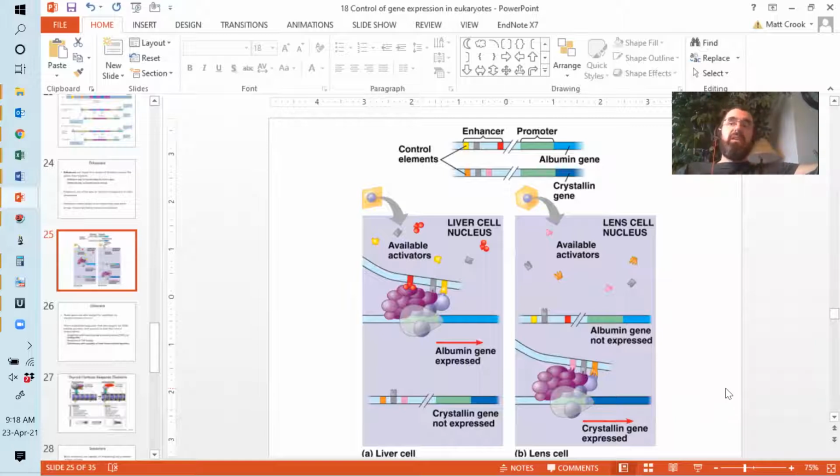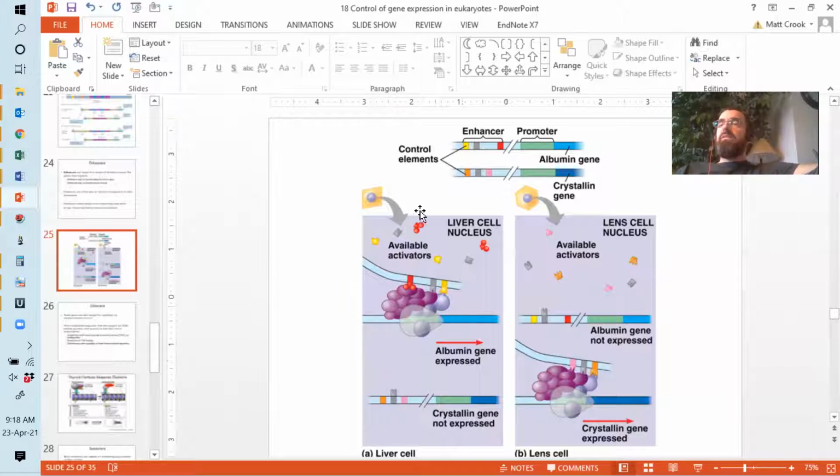They're only present there because earlier in development, other genes were turned on in response to other cues, which make that lens cell a lens cell, as opposed to a retinal cell or corneal cell or any other cell in your eye. And those transcriptional activator proteins are not present elsewhere, because that lens cell is very specifically a lens cell.